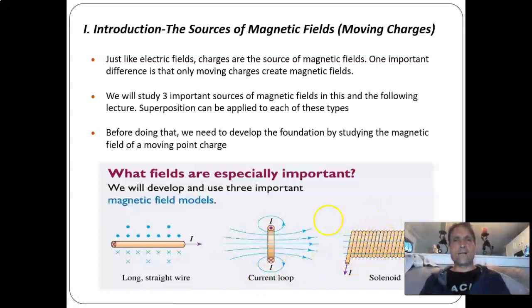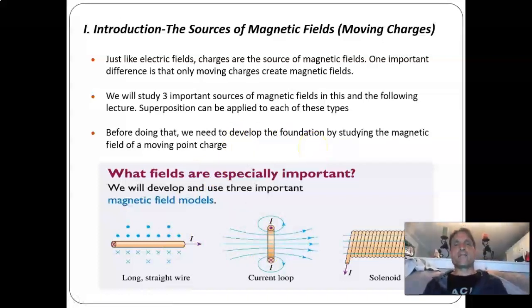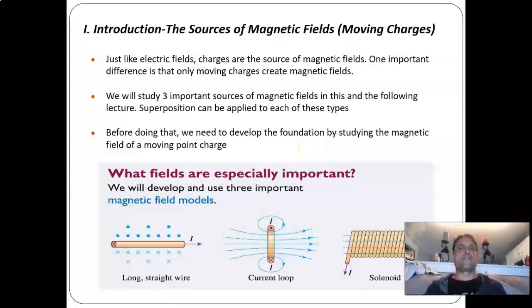And we can model more complicated cases using these three cases as building blocks. Before we do any of these, we need to first start by studying the magnetic field of a moving point charge.